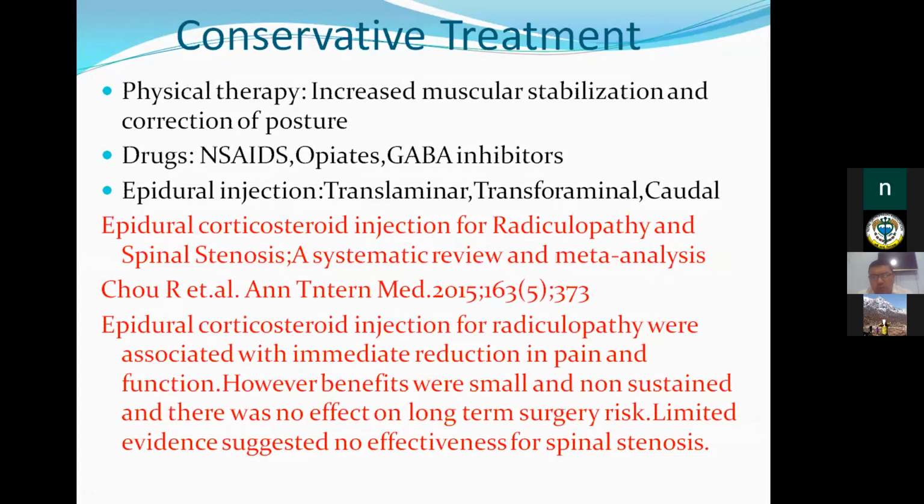The role of epidural corticosteroid injection for central canal stenosis is not much. But if the patient has radiculopathy, there is some role. But that benefit also remains for a short time, and as time passes, the benefit of steroid injection starts falling.